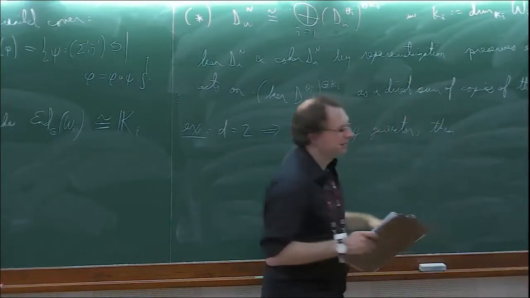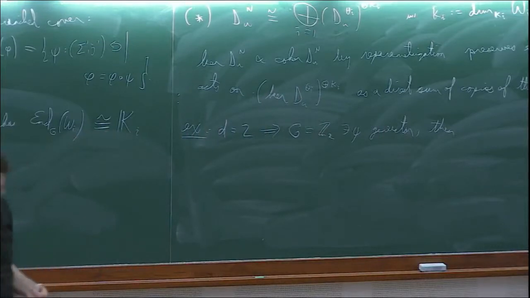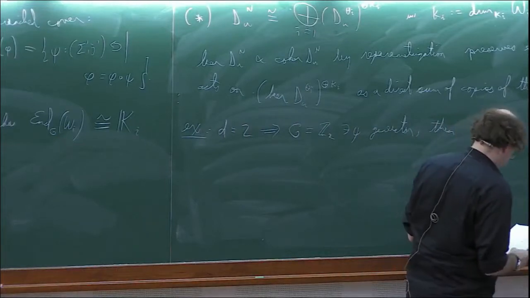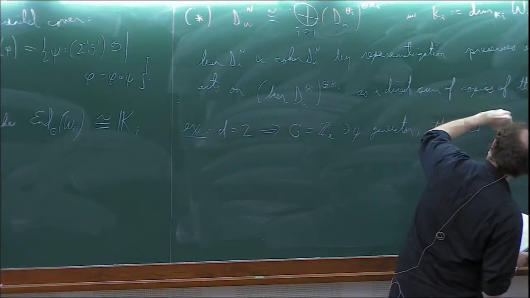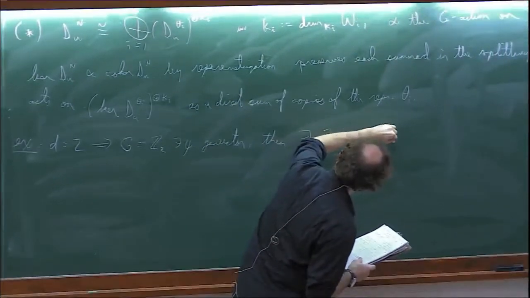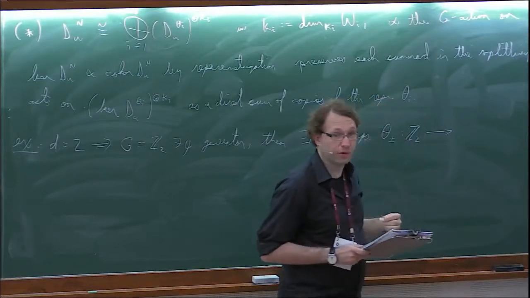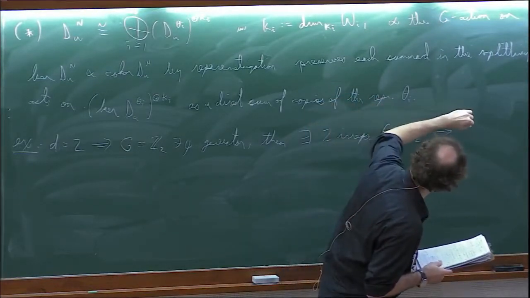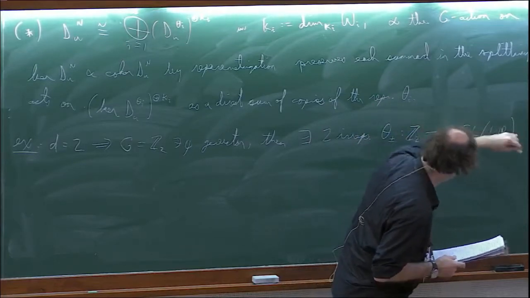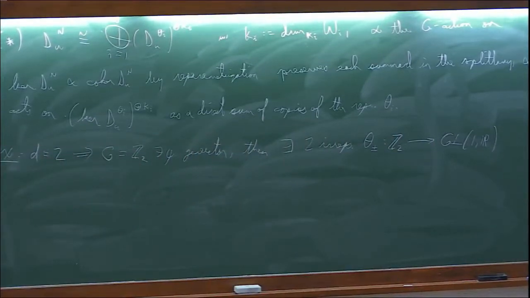So what are the real irreducible representations of Z2? This is very easy to say. There are two of them. I'm going to denote them by theta plus and minus. Both are one-dimensional representations. They map the integers mod 2 to GL1R, also known as the non-zero real numbers.